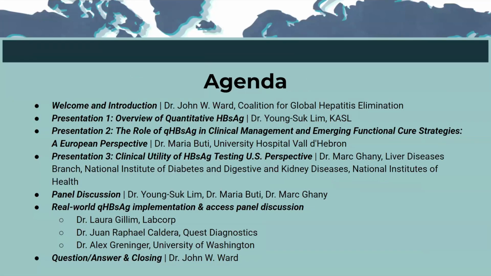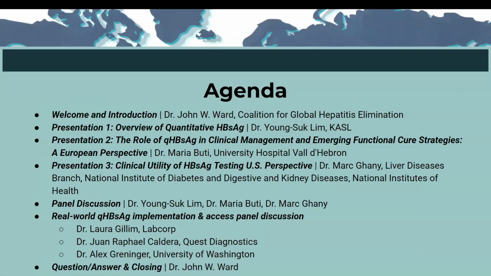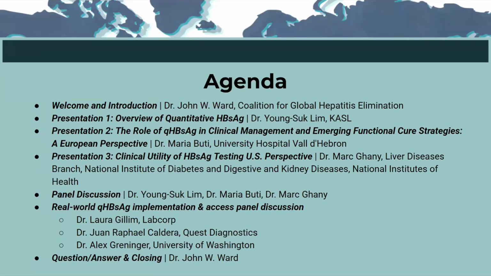So let's go ahead and get started. As you'll see here, we have several presentations looking at different aspects of quantitative hepatitis B surface antigen testing, perspectives from Asia, from Europe, and here in the United States, where they'll be having presentations from commercial laboratories and how they make this test available, and then a presentation on an evaluation of test quality for hepatitis B surface antigen, and then we will have a discussion period.